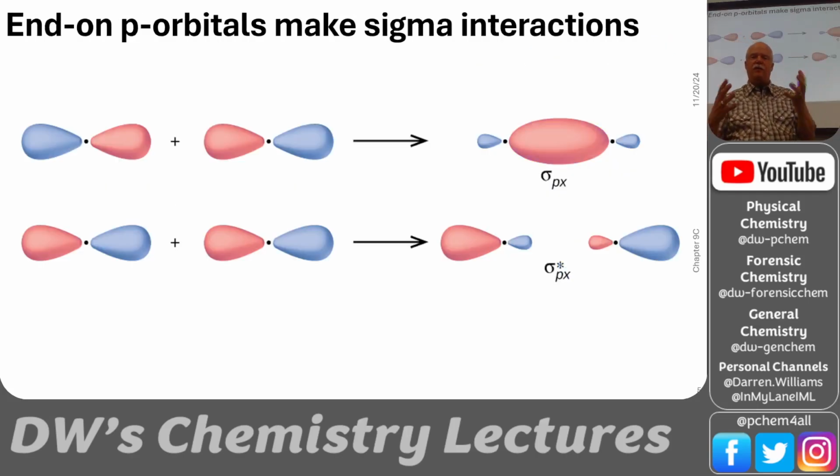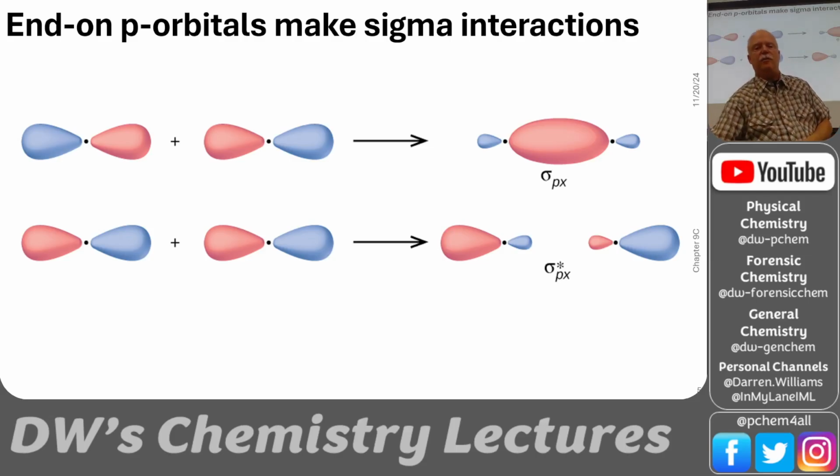We can do the same thing with p orbitals. When they come in of the same color, they're expanding together, they're interacting, and they're making the bond stronger. You could think of this volume of this little oscillation as where the electron is on average. And so if it's between the two atoms, then it's drawing those positive particles together because the electrons are negative.